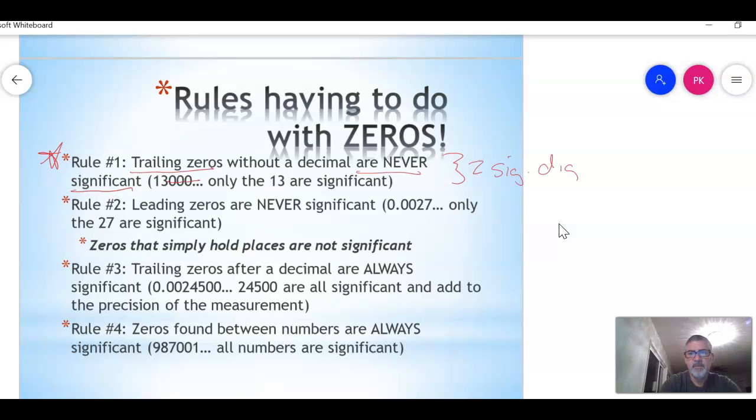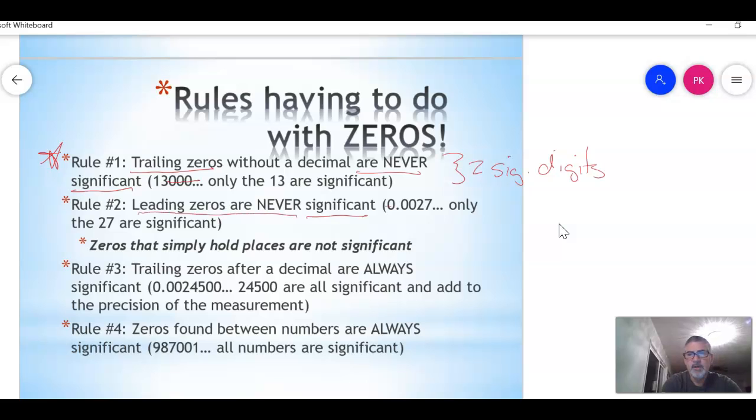The trailing zeros just tell you where the measurement is measured from, right? So the number 13,000 is not very accurate, or it could be very accurate, but not very precise. All right, now I'll talk about that a little more. All right, so leading zeros are never significant.